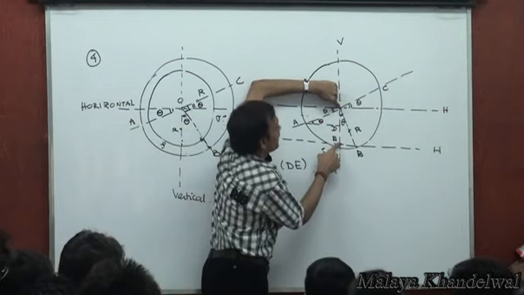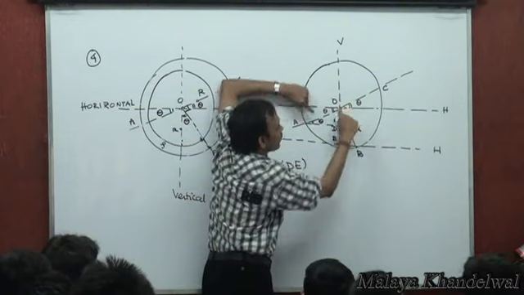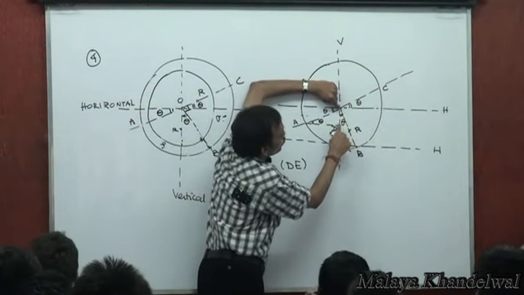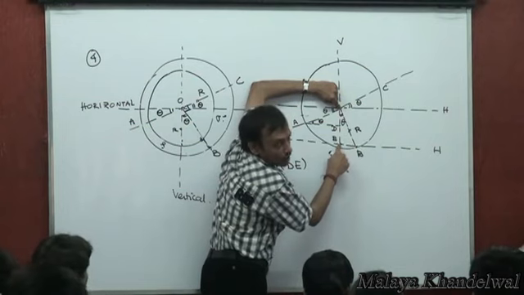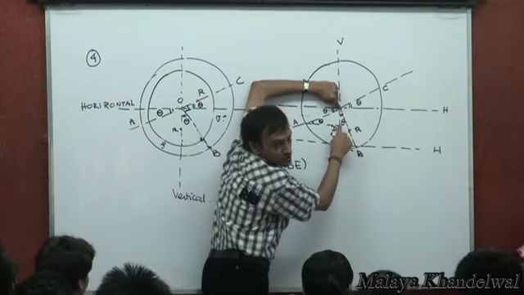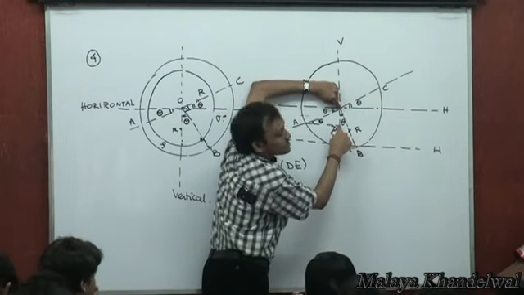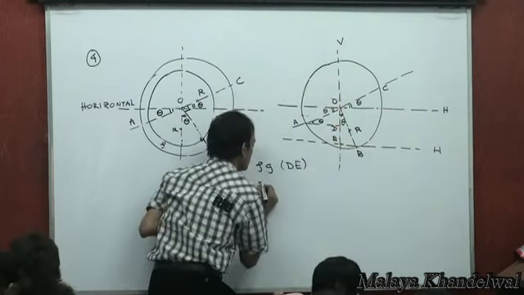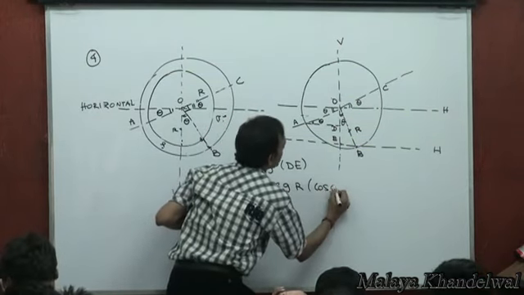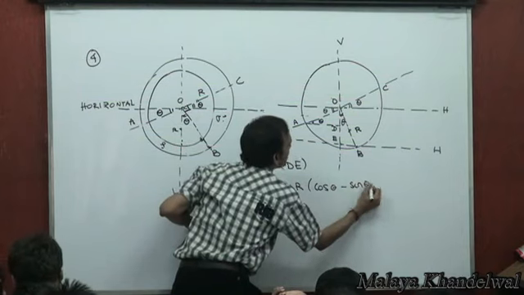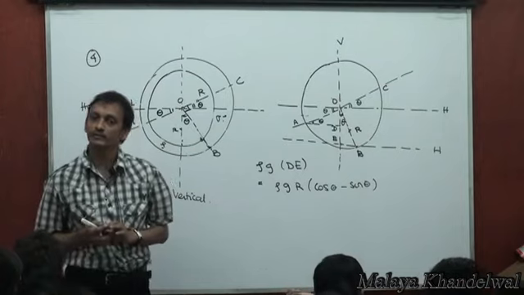And from this triangle, this length OD is R sin theta. So OD is R sin theta. This is R cos theta. So DE would be R cos theta minus R sin theta. Yes or no? So this would be rho g into R times cos theta minus sin theta. That's the pressure at B because of the column AB, right?